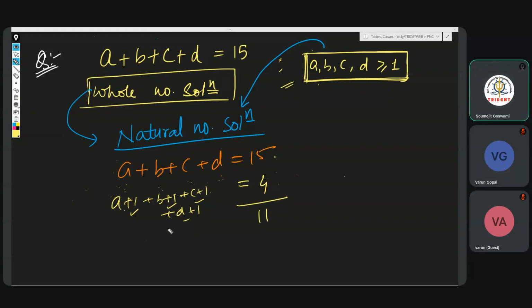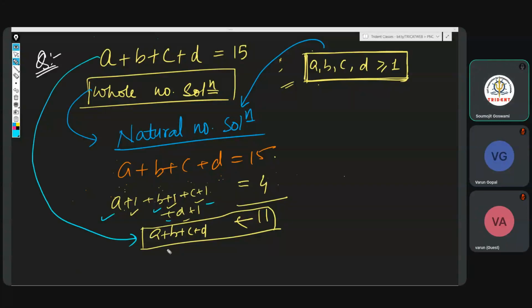Now understand what is on the left hand side: A plus B plus C plus D, and I have taken 1 out from all of them. I have transformed the equation, because I need natural number solutions.